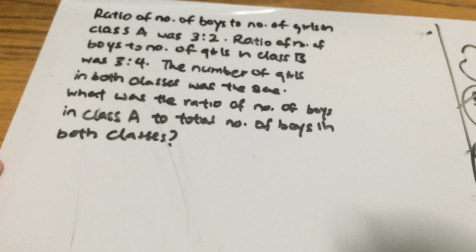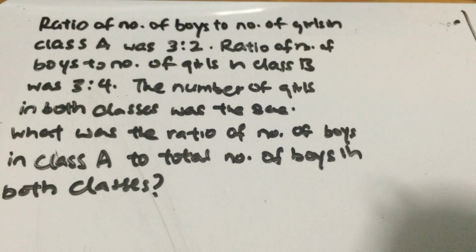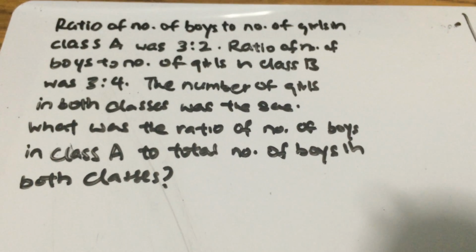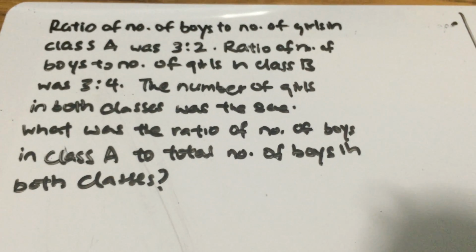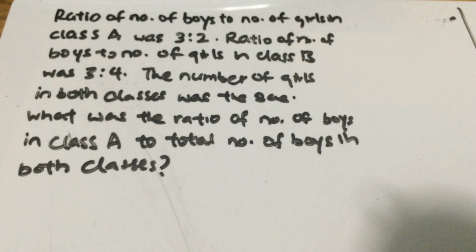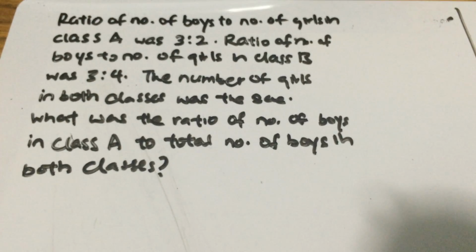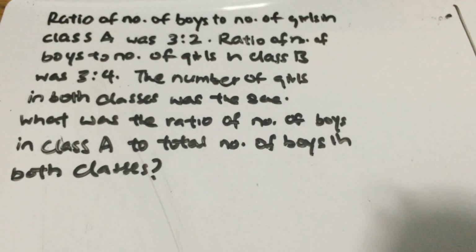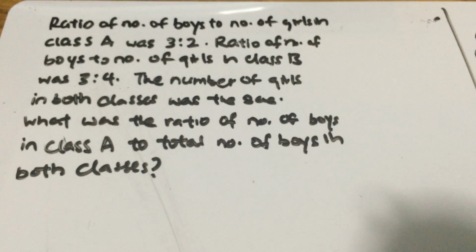So let's go to this question. The ratio of the number of boys to the number of girls in class A was 3:2, and the ratio of the number of boys to the number of girls in class B is 3:4, and the number of girls in both classes was the same. What was the ratio of the number of boys in class A to the total number of boys in both classes?